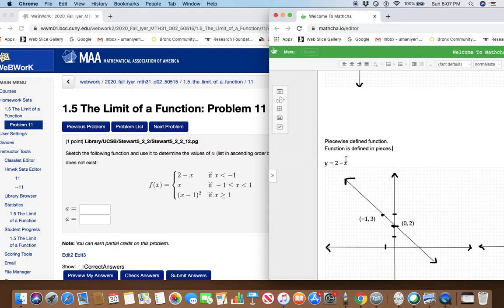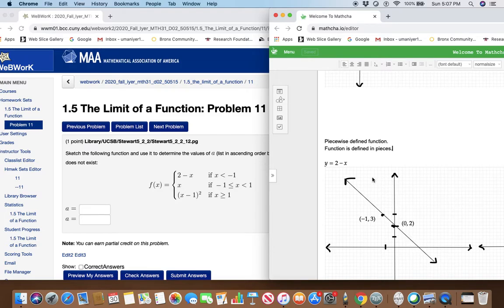That is, y is 2 minus x. You know this is a line. For a line, all you need are 2 points. When x is -1, y is 3. When x is 0, y is 2. All I need are 2 points to draw the line.